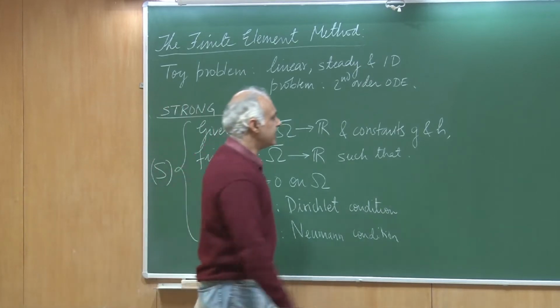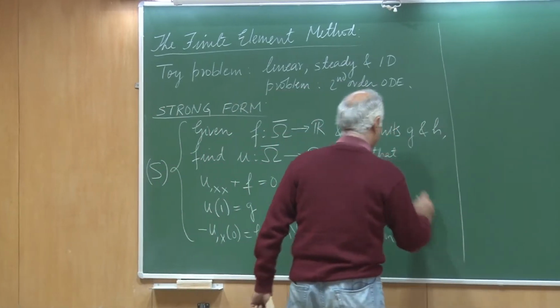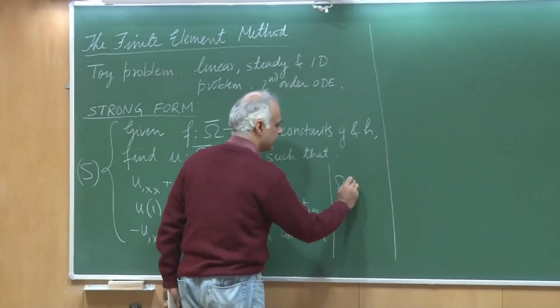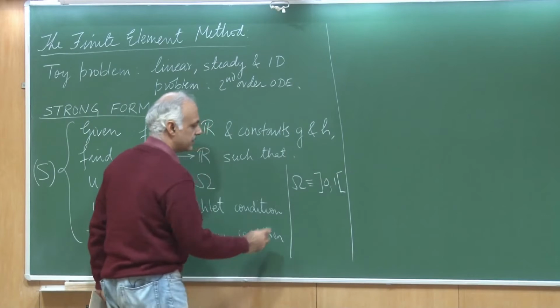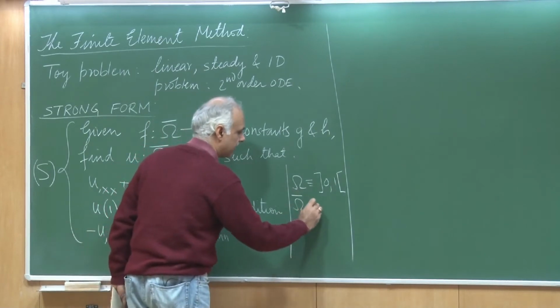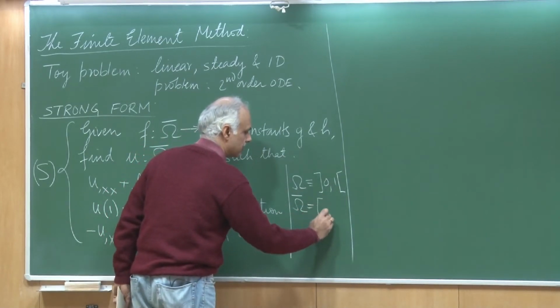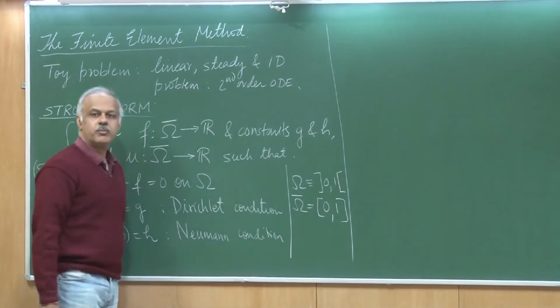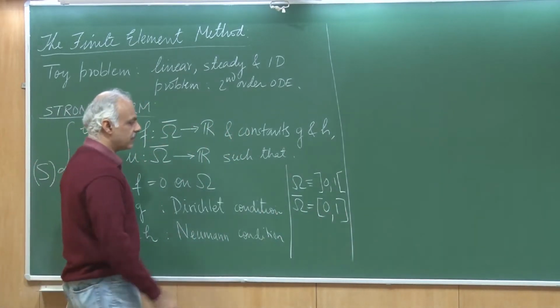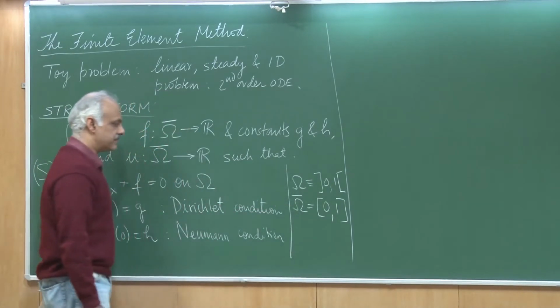So implicit here is the fact that my omega corresponds to 0 to 1, and omega bar corresponds to 0 to 1. The first one is the open interval and the second one is the closed interval.